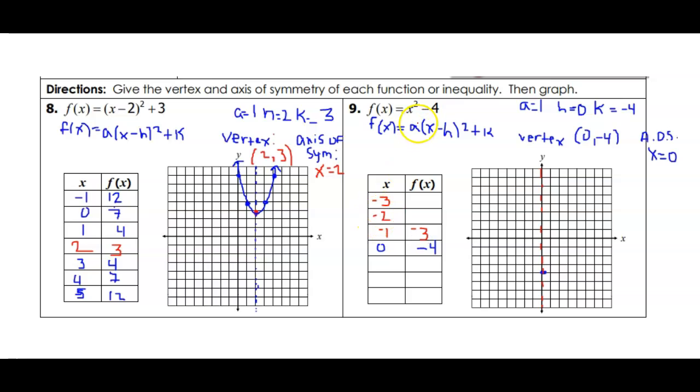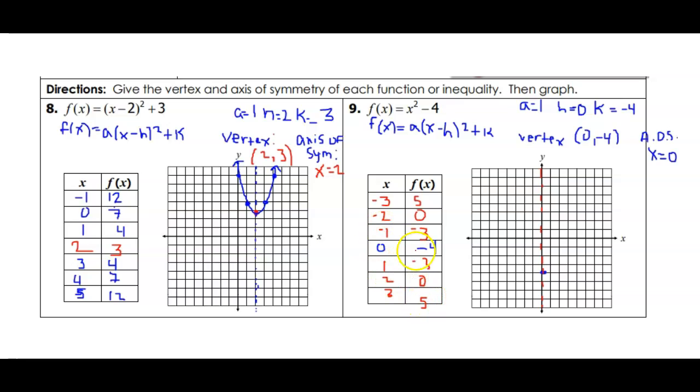If I plug in a -2, I would have a 4, and 4 minus 4 is 0. If I plug in a -3, I would have a 9, and 9 minus 4 is 5. I know the symmetry for 1, 2, and 3 is going to be exactly the same, so I don't have to work that out.